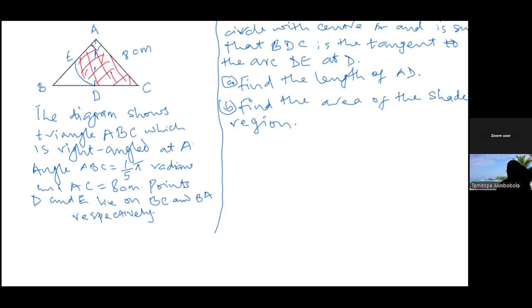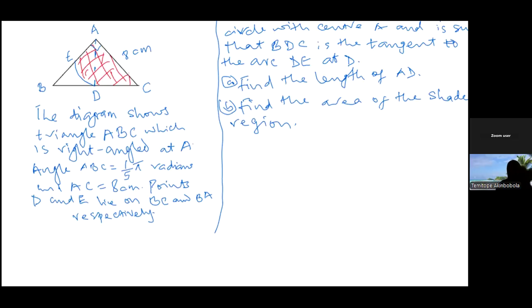So the first part of the question that says you should find AD, when you do that, you have invariably found the radius of the sector, or you want to say the radius of the circle, whichever way you want to put it.